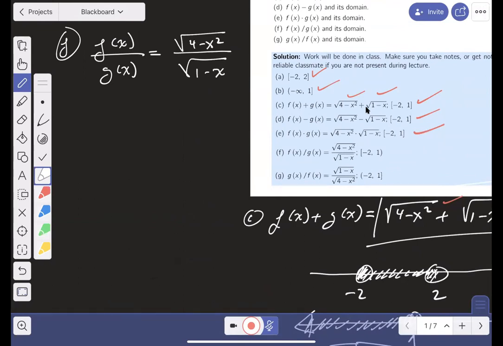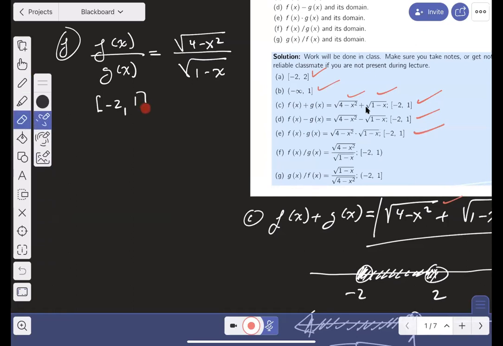And what value do we need to remove? The number 1, because of division by 0. So I'm hoping you remember that the intersection of sets was minus 2 to 1, but I need to remove the 1 because the 1 would cause a division by 0. So to remove the 1, all I have to do is erase this over here, put a parenthesis instead, and this will be the domain of it.